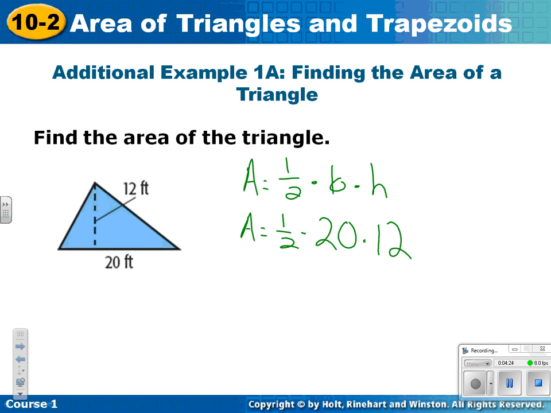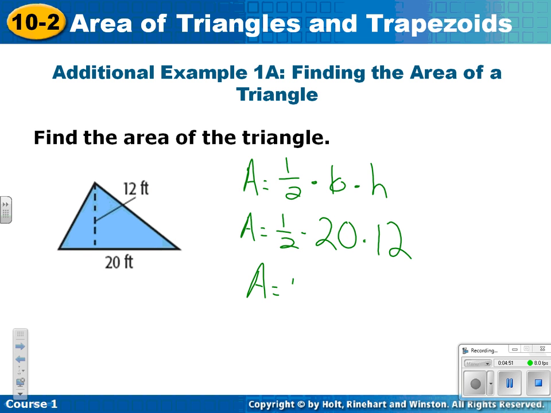Now we have an expression that we can solve. 1/2 times 20 is, remember, multiplying by 1/2 is the same as dividing by 2. 1/2 times 20 is what? 10 times 12 is 120.